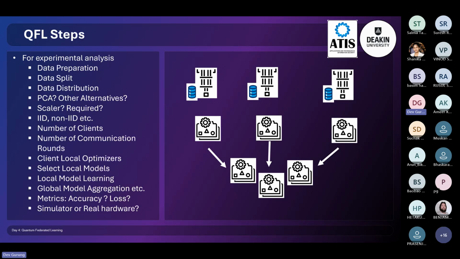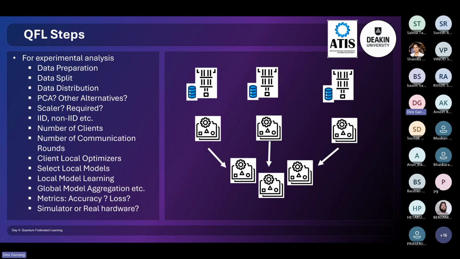Just for the experimental purpose, we have to distribute data among clients. So there are approaches, and another is, do we need to have some form of dimension reduction? Do we need to make it smaller in terms of features? That we need to decide.